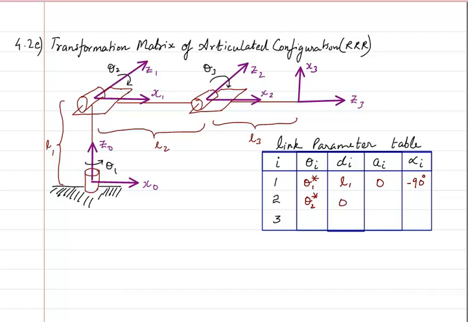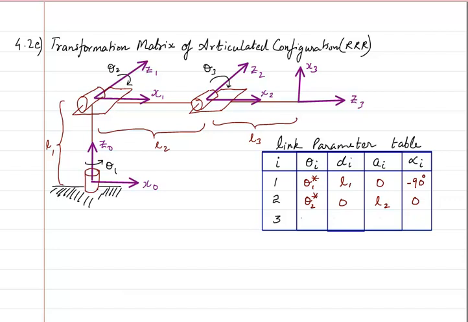How much in the x direction we have to move so that x1 and x2 overlap, that is a_i. According to the diagram, it is going to be L2. Once we do that, we can already see that z1 and z2 are overlapping, so alpha i will be 0. There is no movement required.